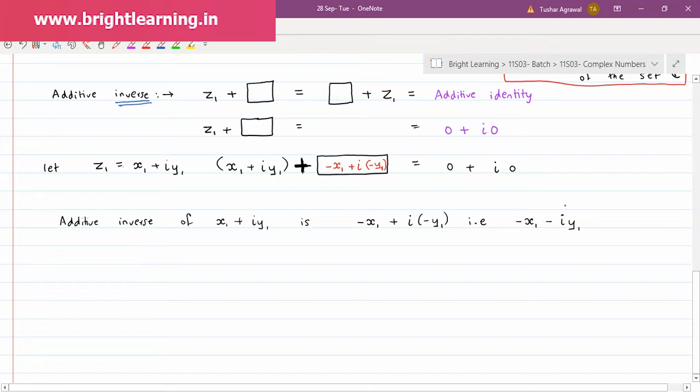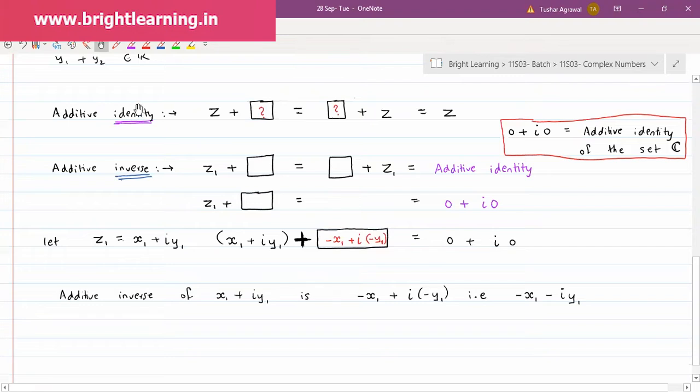So for all the complex numbers, each and every complex number has the same additive identity because it is of a set, but different complex numbers have different inverses.